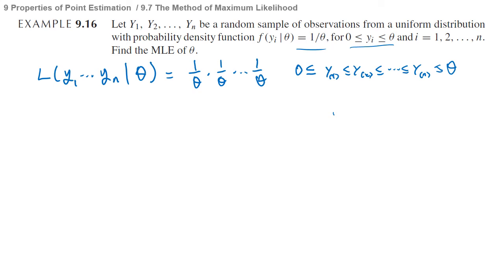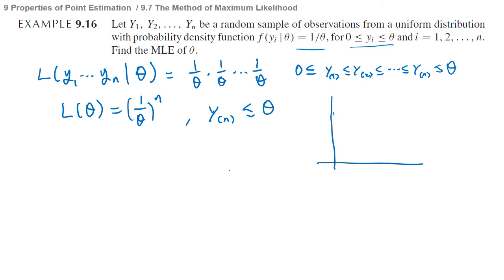So y1 to yn are given, and this L theta is 1 over theta to the nth, and we know that yn is less than theta. From here we can draw this graph.